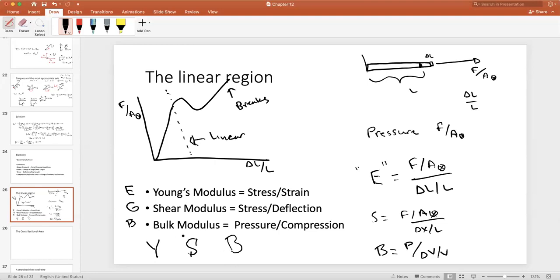Your book uses a large B. Doesn't matter though, these coefficients are usually given to you or you're solving for them and you know everything else.